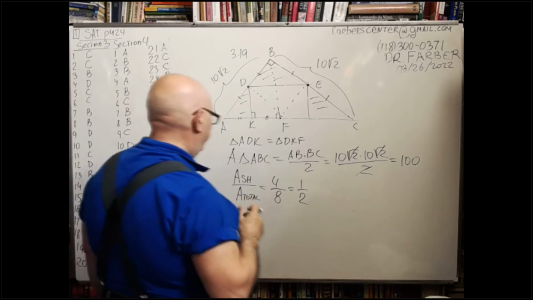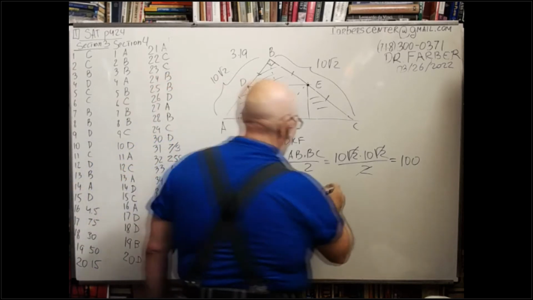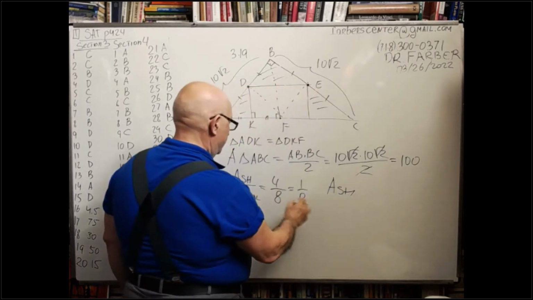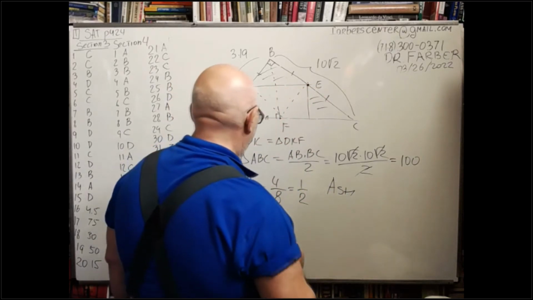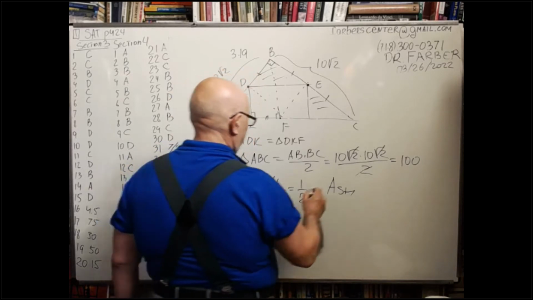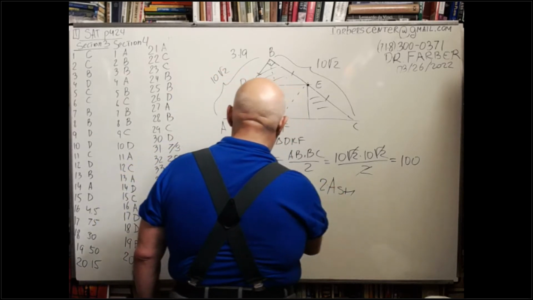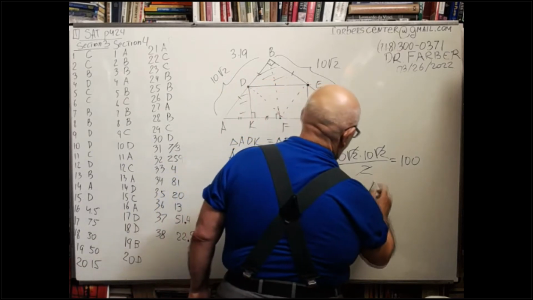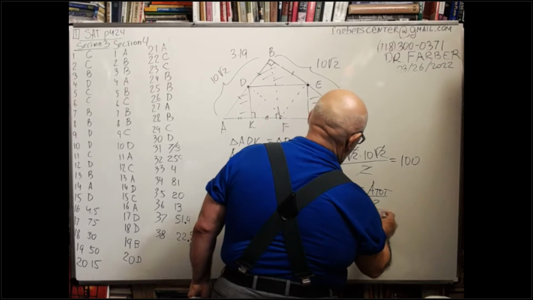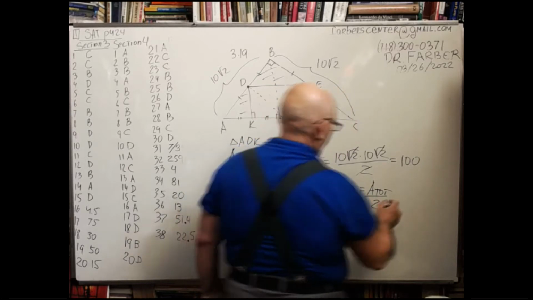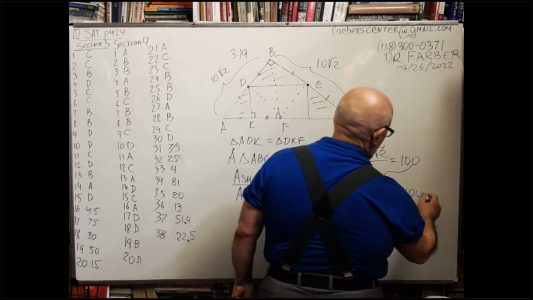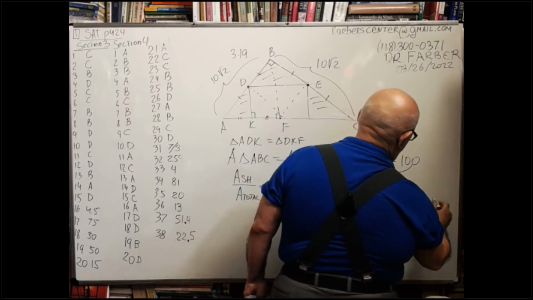Or area shaded, cross multiplication, times 2 equals area total, or divide by 2 both parts, cancel out. But since area total equals 100, divide 100 by 2, which is 50.